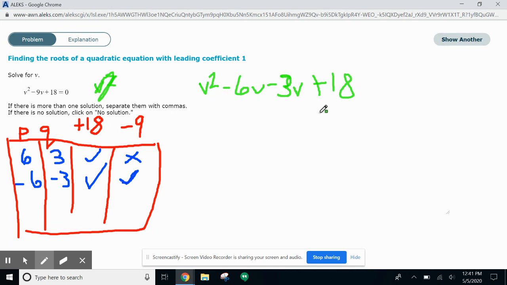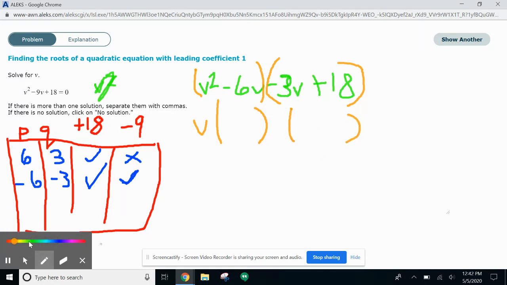So now I'm going to keep factoring by grouping. Group the left, group the right. In this term, I can take out the V's, so V goes on the outside of the parentheses, and what remains inside is V minus 6.